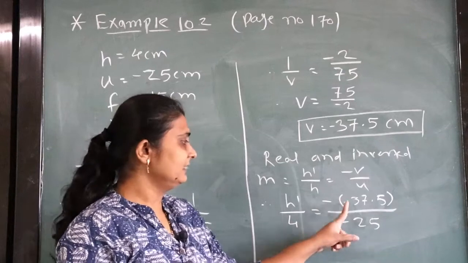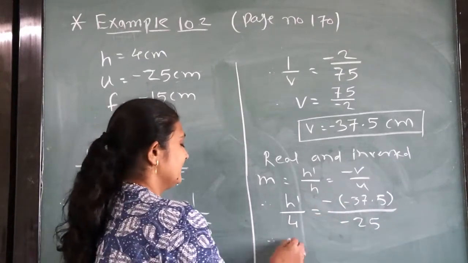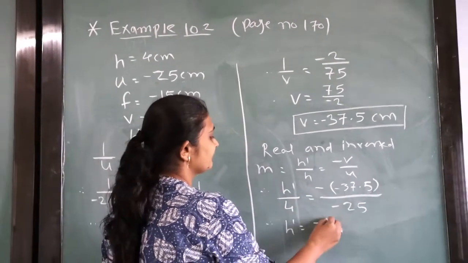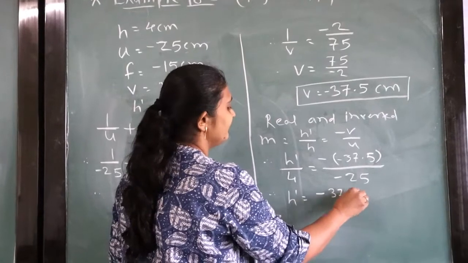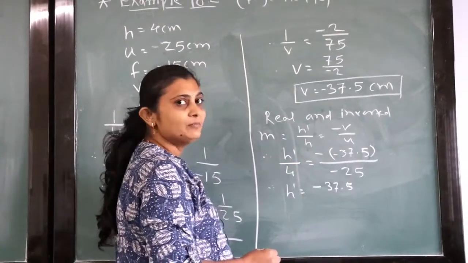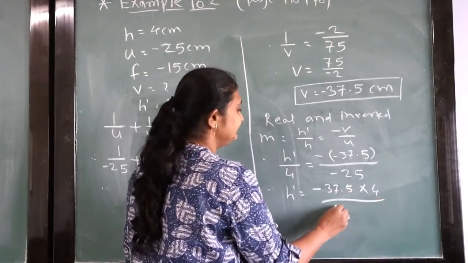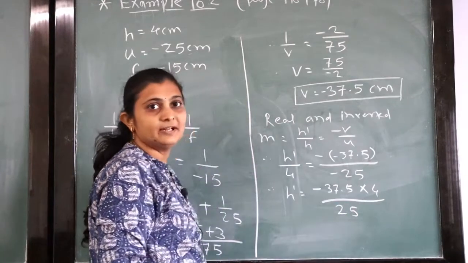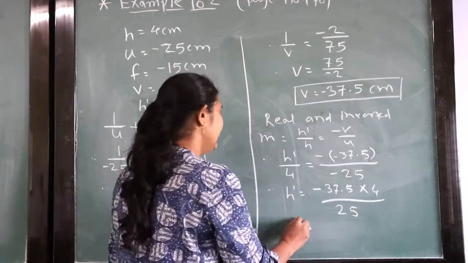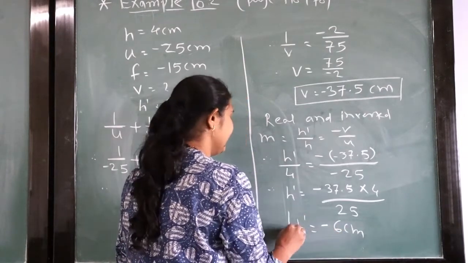This minus sign and this minus sign get cancelled. h dash is equal to minus 37.5, this minus minus cut, then minus 37.5 multiplied by 4 divided by 25. After calculating all this, we get h dash is equal to minus 6 centimeter.